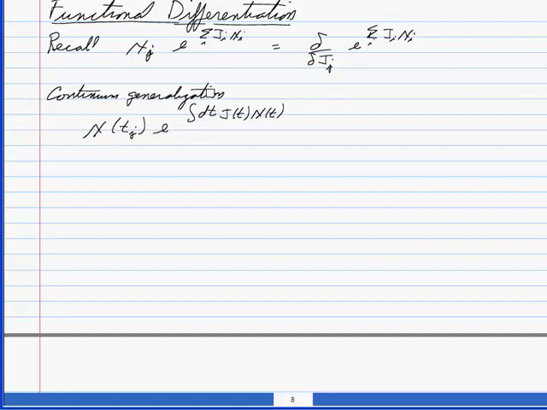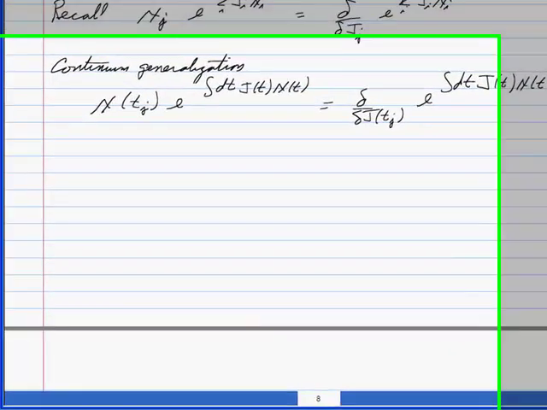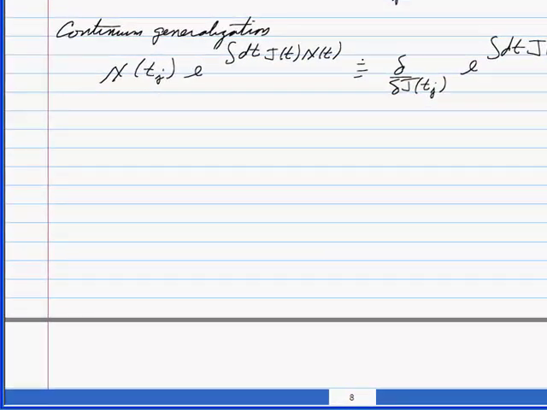We'll have i's in our final answer. So I'd like to define the functional derivative with respect to j of tj as e to the i integral dt j of t x of t. So that's in a sense our defining equation.